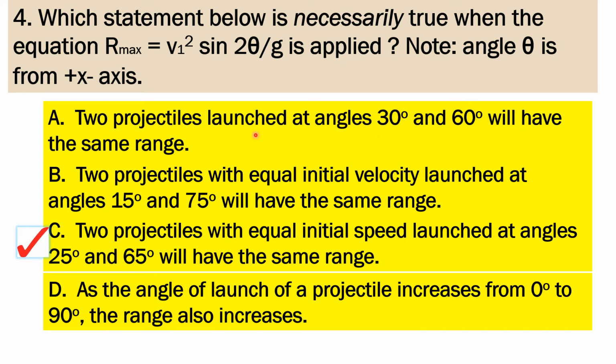So in short, this is not necessarily true. They may be complementary. The 30 and the 60-degree angles are complementary, but no mention whatsoever about their initial speed. So it's not necessarily correct. We already explained why letter B is also incorrect.